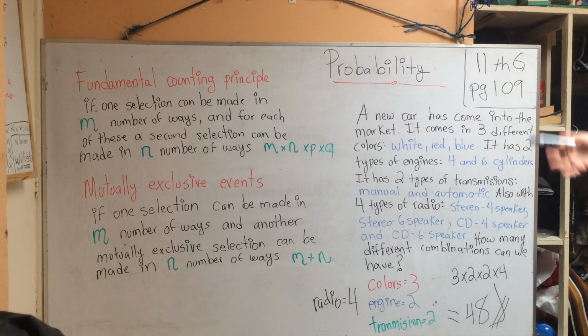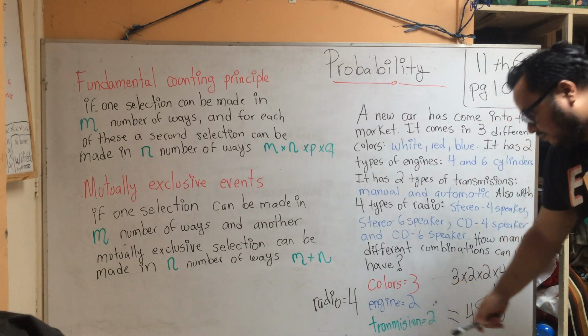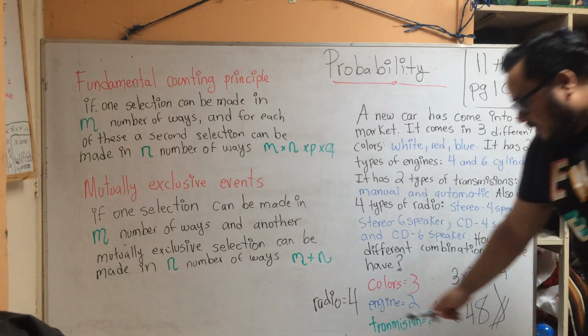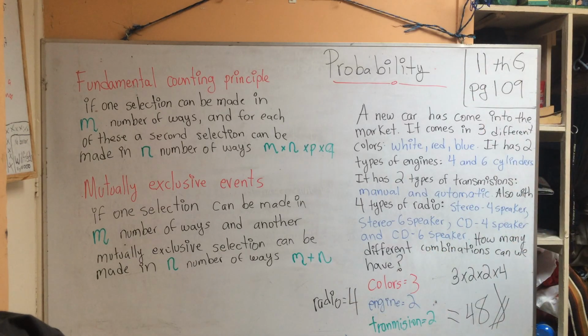So when we multiply the number of options that we have for each event, we have the total number of combinations. Between these characteristics, 3 colors, 2 types of engines, 2 types of transmissions, and 4 types of radio, we can have 48 different kinds of combinations for this new car.